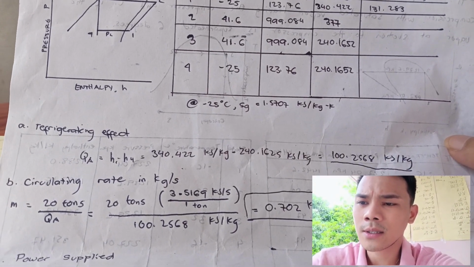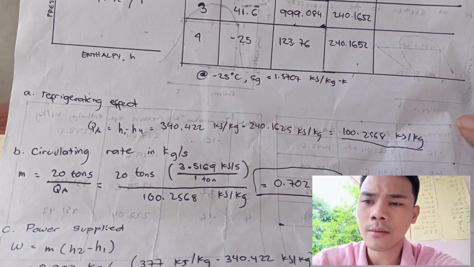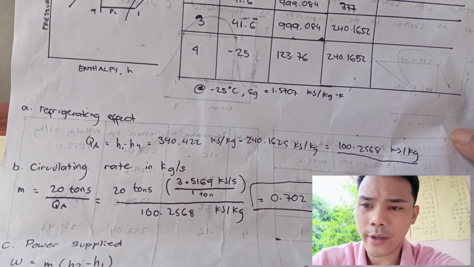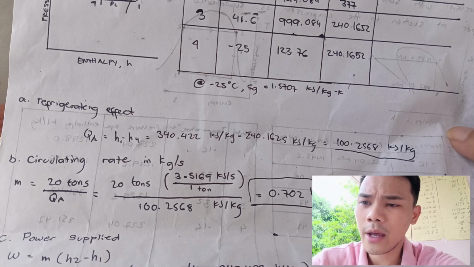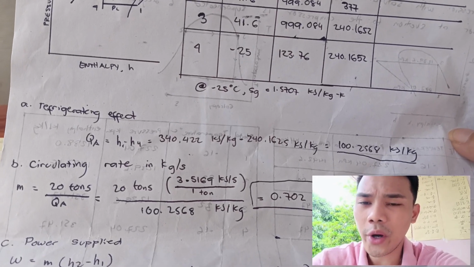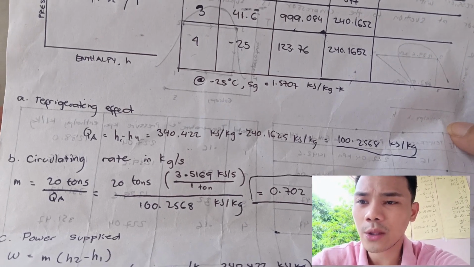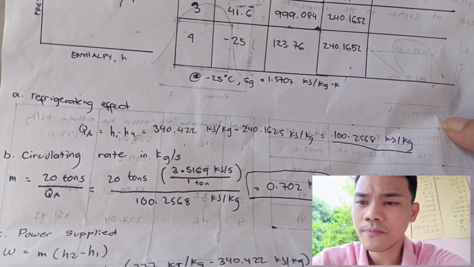Next, we look for the circulating rate in kilograms per second, or our mass flow rate. Mass flow rate is equal to 20 tons over the refrigerating effect, which we solved earlier.